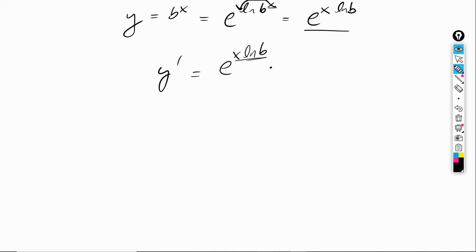So a number times x, that would be then simply the coefficient of x, right? So natural logarithm of b. But notice that this is just b to the x. So we can write this as b to the x times natural logarithm of b. So this would be the derivative of b to the x.